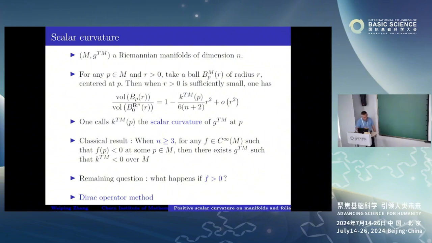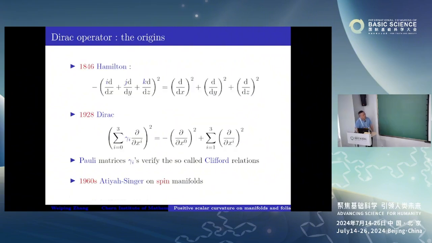So I will turn to this Dirac operator, which plays an essential role in one kind of research in this direction. If you trace back the Dirac operator, it is somehow a square root of some Laplacian. It can be traced back to Hamilton when he invented the quaternions.